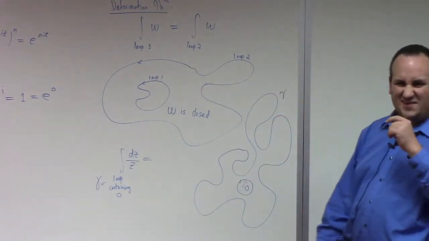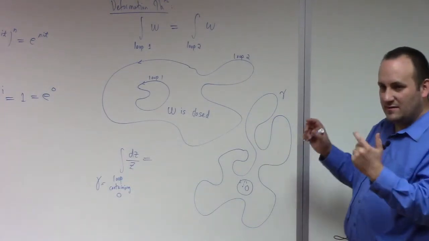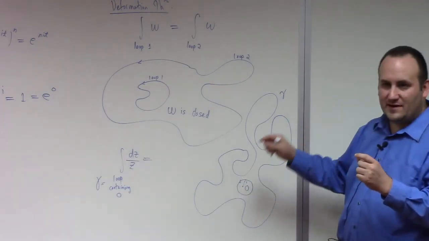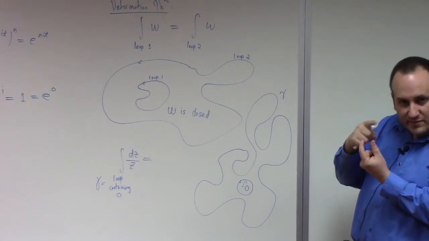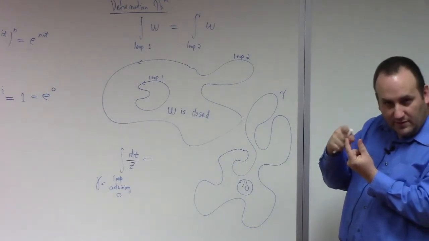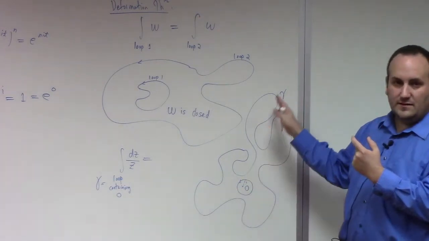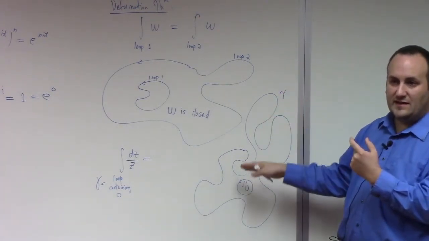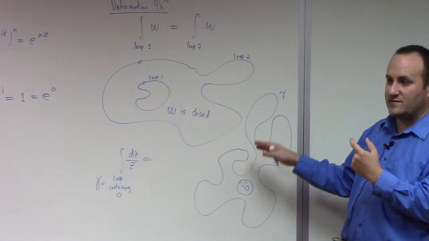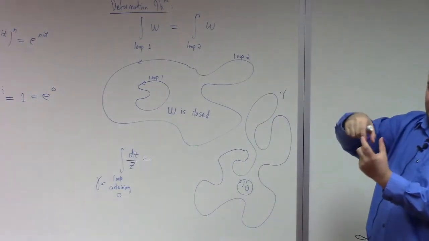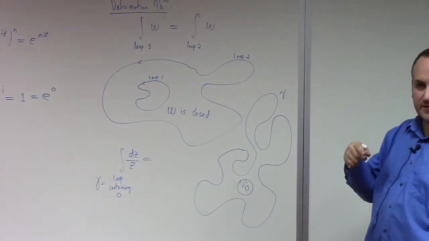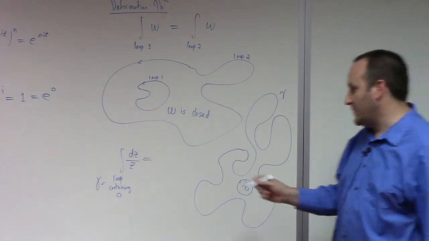But actually, if you start thinking about it, you can take the unit circle result and shrink it down to a really, really small loop around 0 itself. So, in fact, any simple closed curve which contains the origin has to be 2 pi i, because you can take that example and shrink it down to a really, really small circle that just contains the origin as well. They all have to give you back 2 pi i.